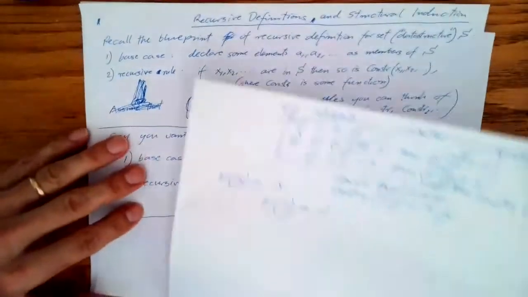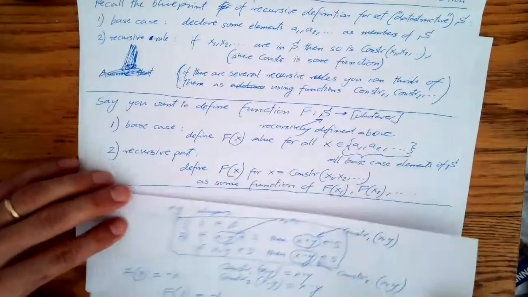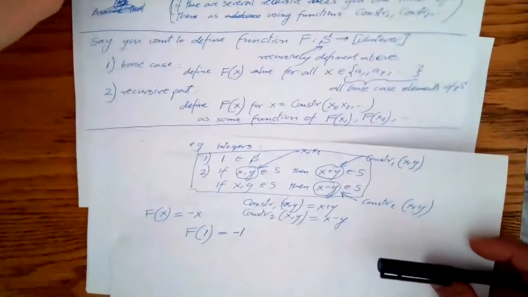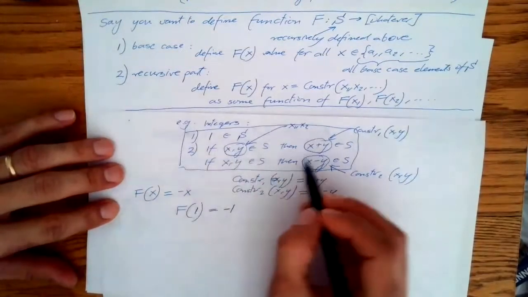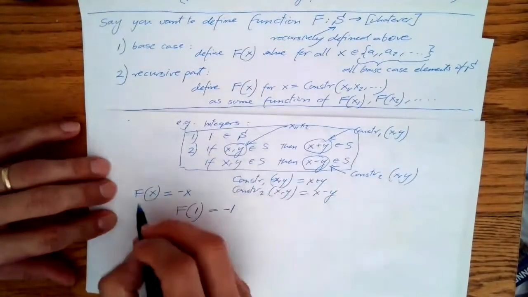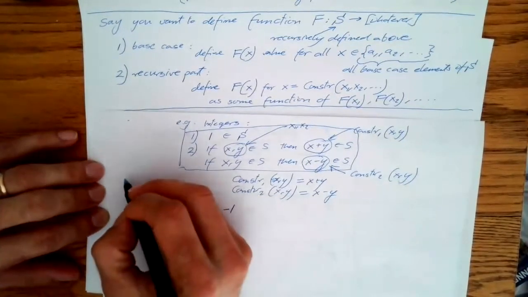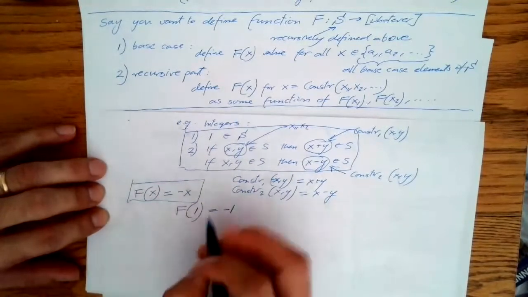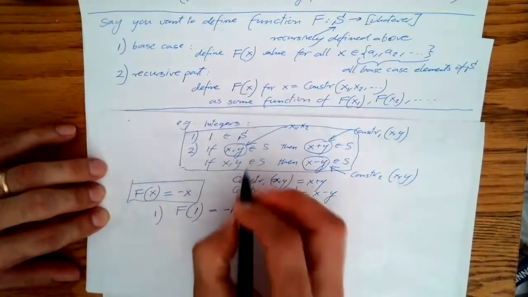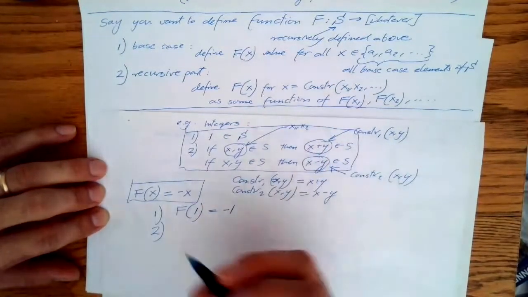Let's see it in operation. So you have this recursive definition of integers, and we want to define the value of the function for all integers. Case 1, we define it for the base case. Case 2, how shall we define it?